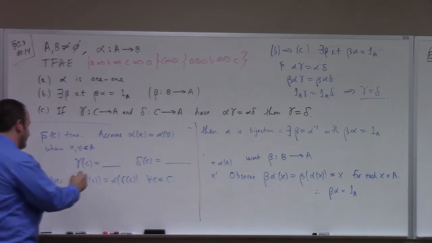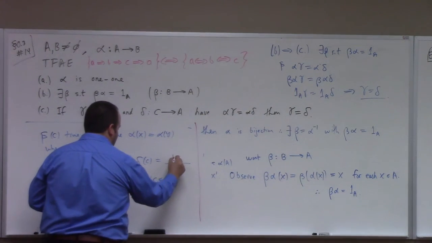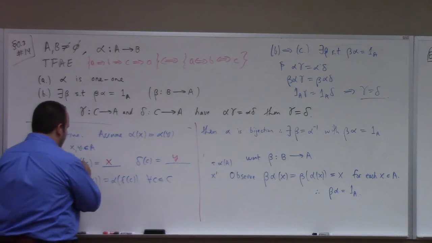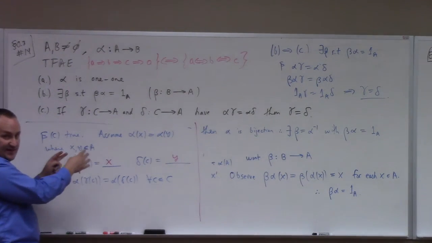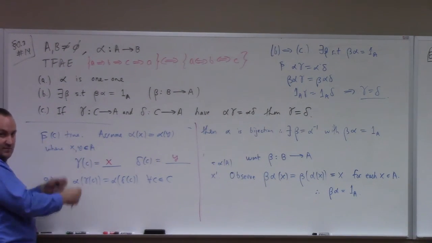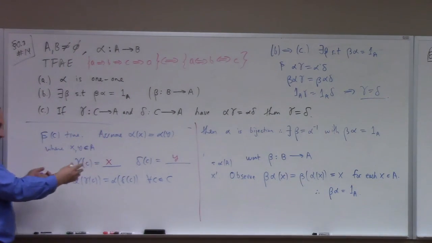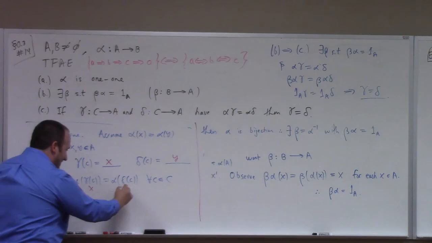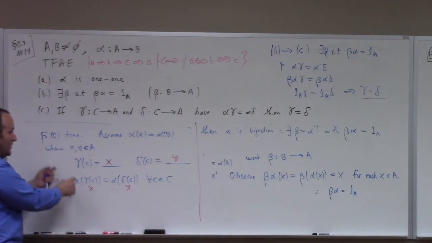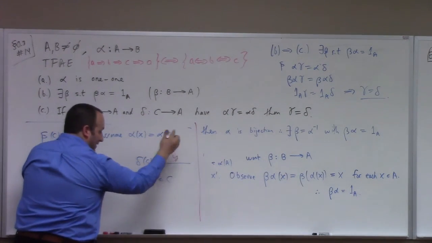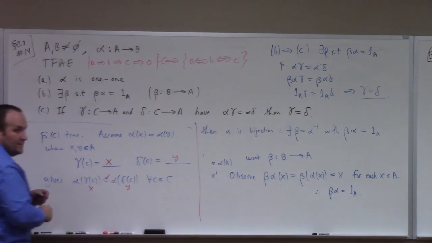See, if I put x there and I put y, in other words, gamma is the function which maps all of C to x, it's the constant function, and delta maps all of C to y, the constant function, then this is x and this is y. We're assuming alpha of x is equal to alpha of y. Check.